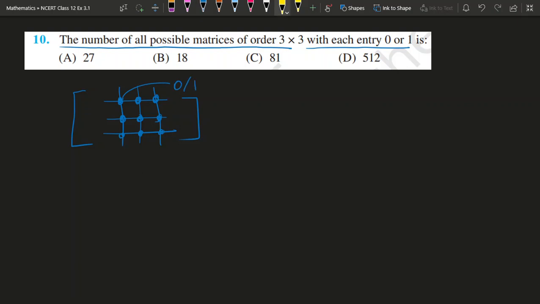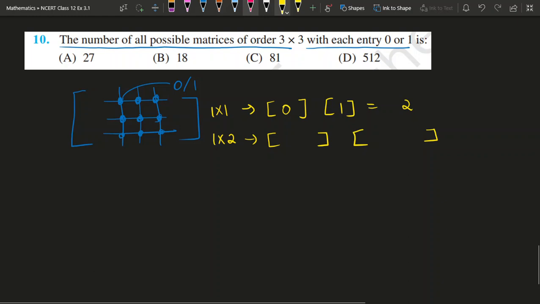So instead of directly doing the 3 by 3 part, let's take a smaller matrix. So if you have a 1 by 1 matrix, so just one element, either you can put 0 here or you can put 1 here. So for a 1 by 1 matrix, you have 2 possible matrices. If you have a 1 by 2 matrix, so that is a row vector, that is a row matrix, in which there is one row and 2 columns, so something like this.